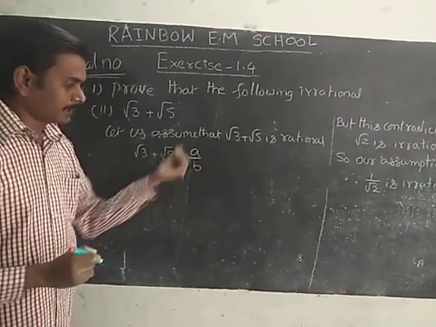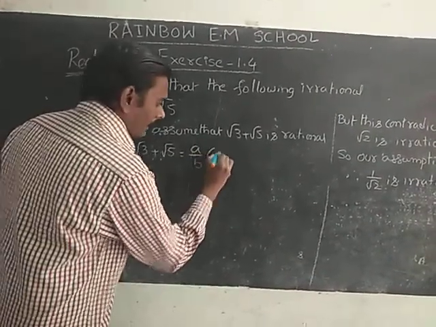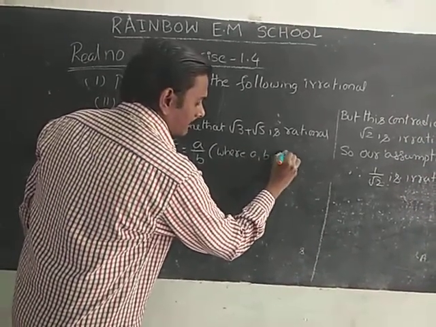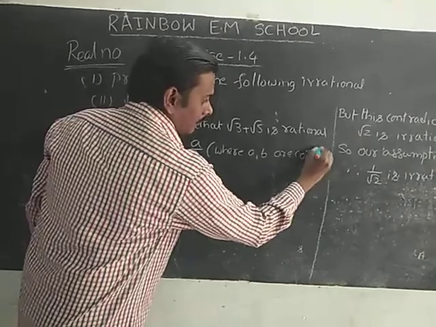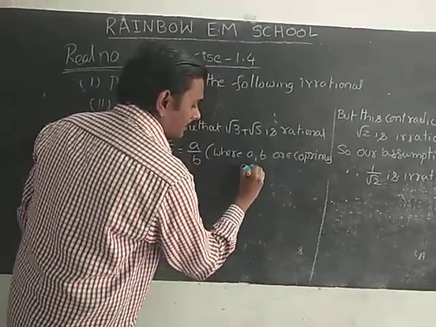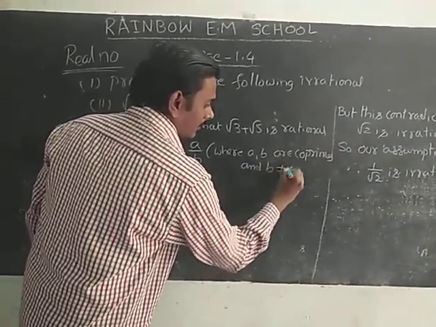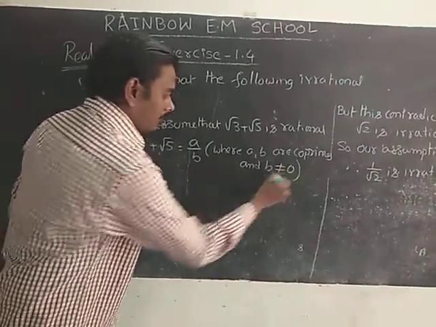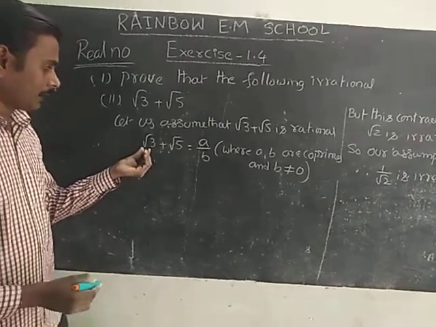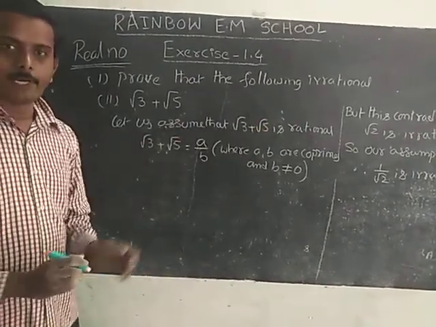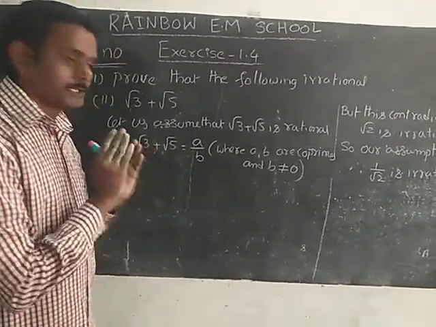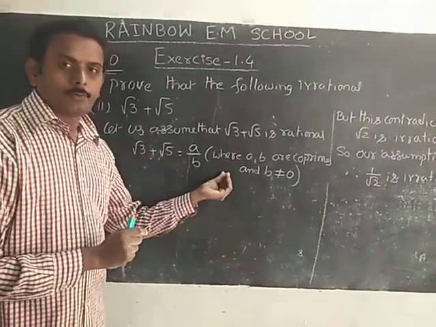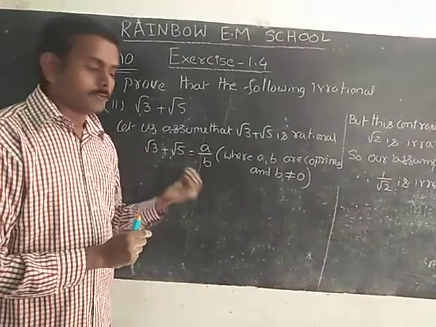Rational means we take a rational number in the form a by b, where a, b are co-primes and b is not equal to 0. Now we take one of the numbers to the other side, and I suggest taking the bigger number, so we get positive, otherwise we get negative.